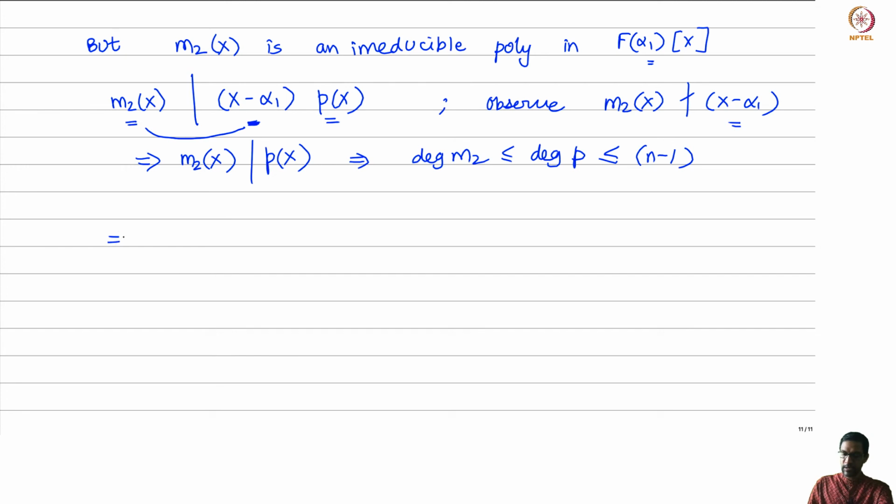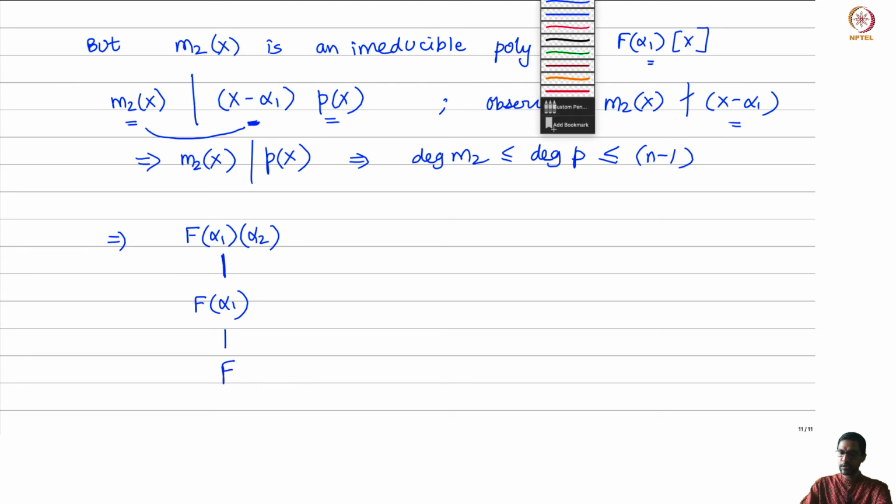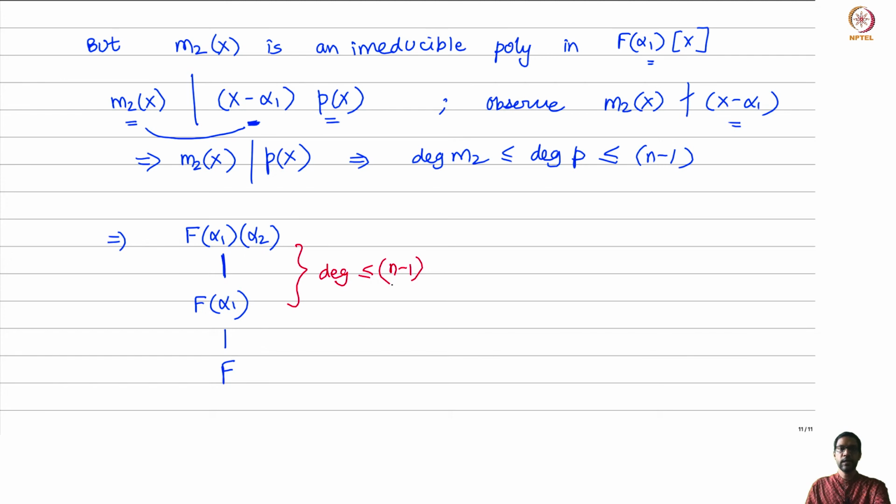Okay, so what does this mean? This tells you then that when you look at the extension, so I had f alpha 1 and now I adjoin another element alpha 2 to it to form a further extension. This new extension that I have formed has degree at most n minus 1, because it's at most the degree of p.